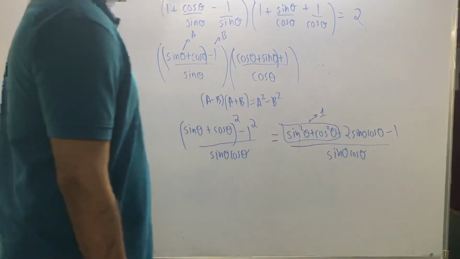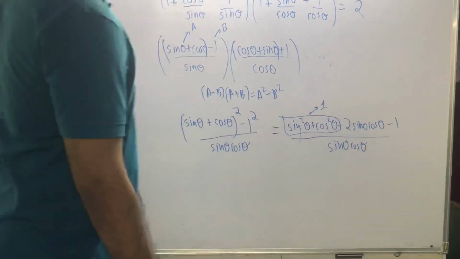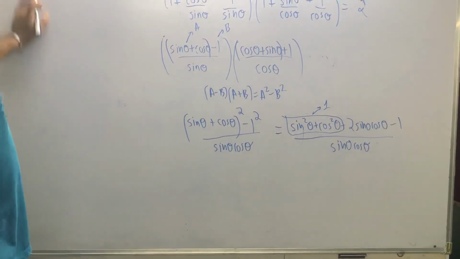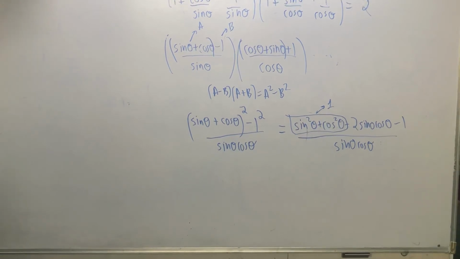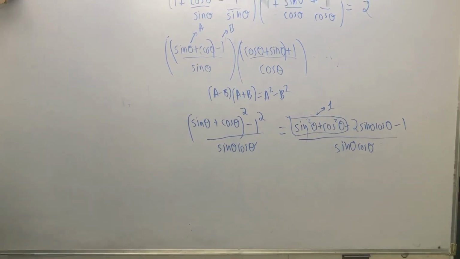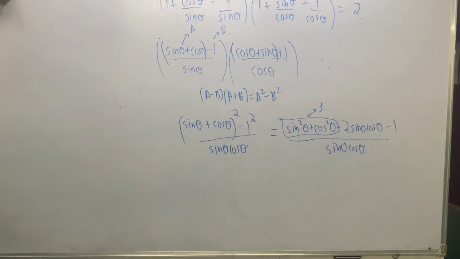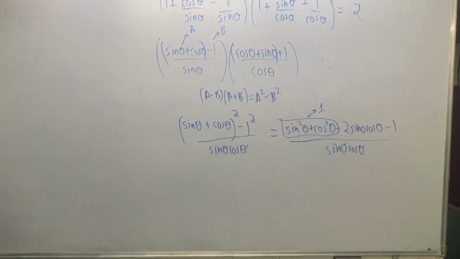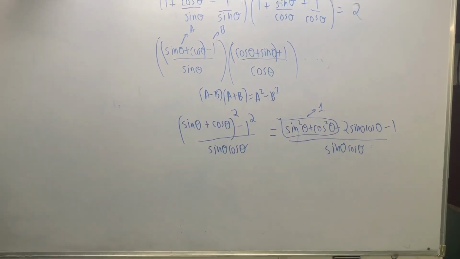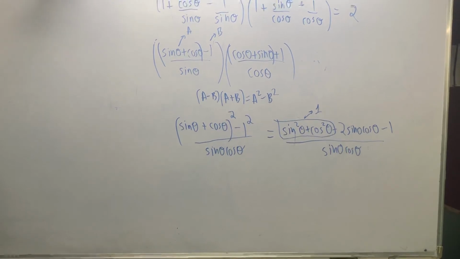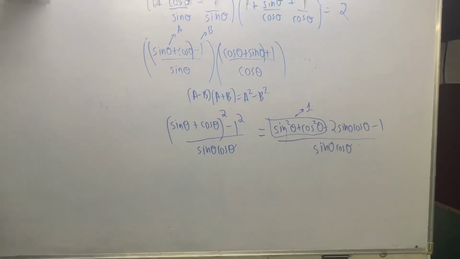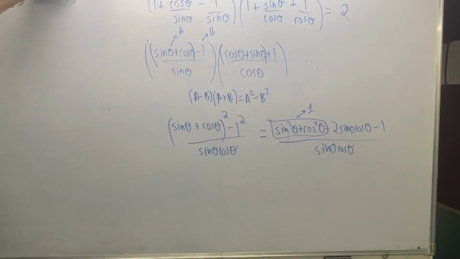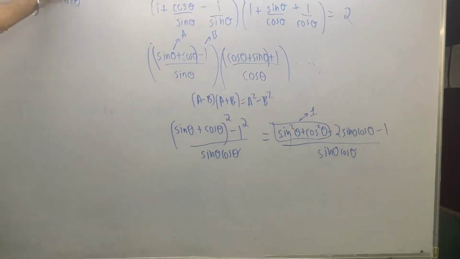Okay, now I will write here. So this will be 1 plus 2 sin theta cos theta minus 1 upon sin theta cos theta. 1 minus 1 gone.